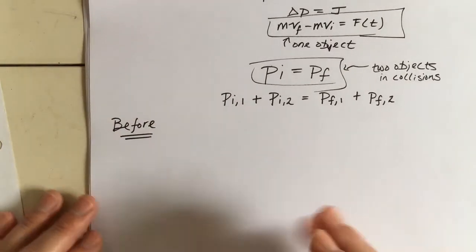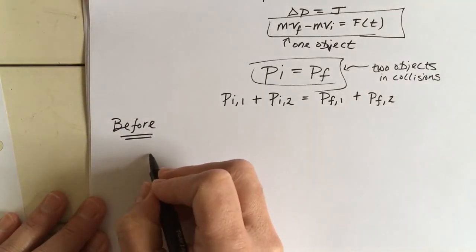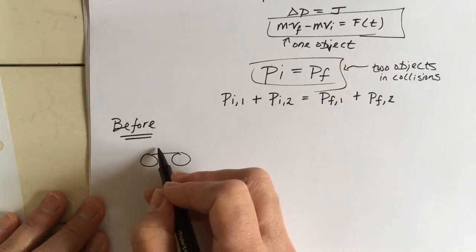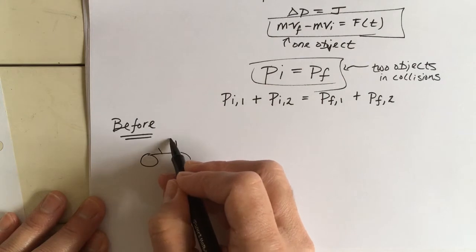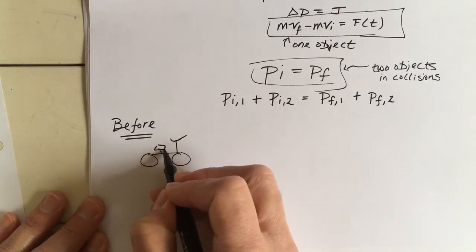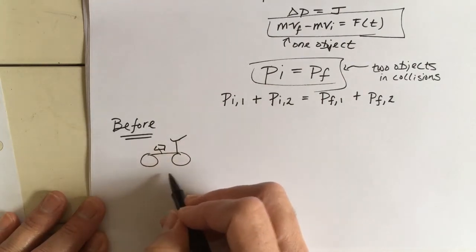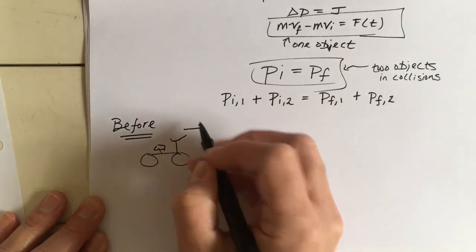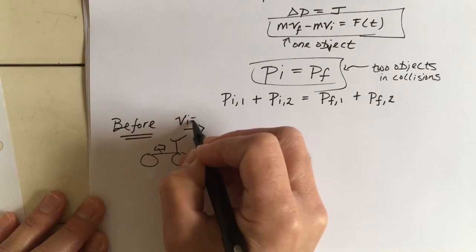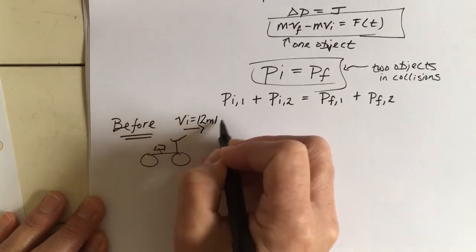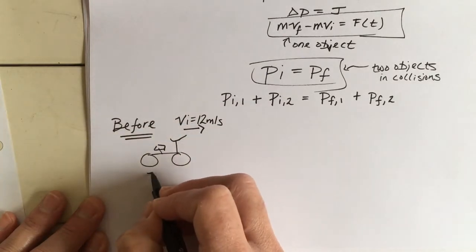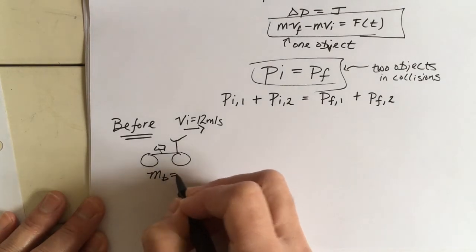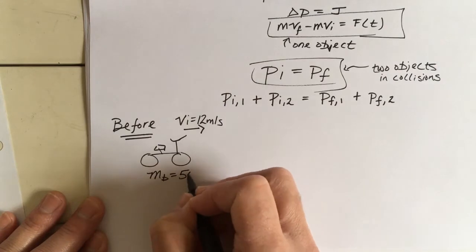It says for the bicycle, and we'll have the bicycle moving to the right, just arbitrarily picking a direction. It says it's moving at 12 meters per second. The mass of the bicycle, I'll call it m_B, is equal to 50.